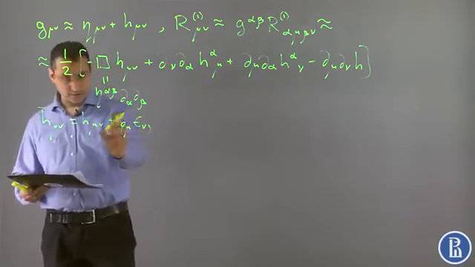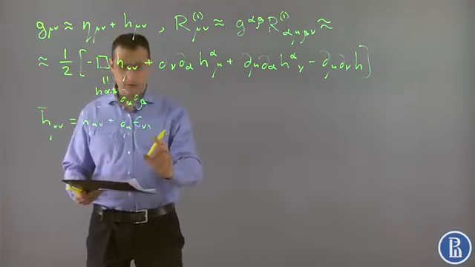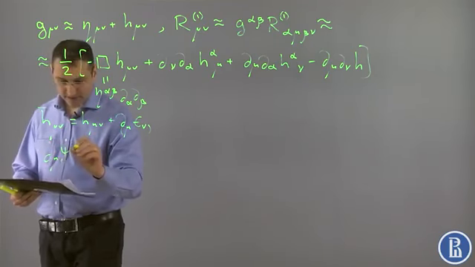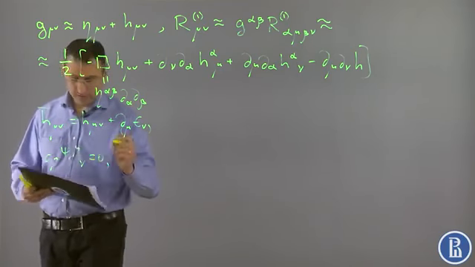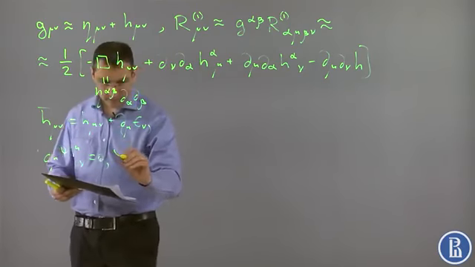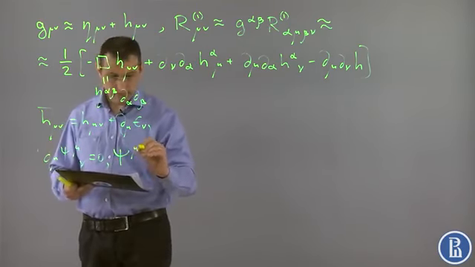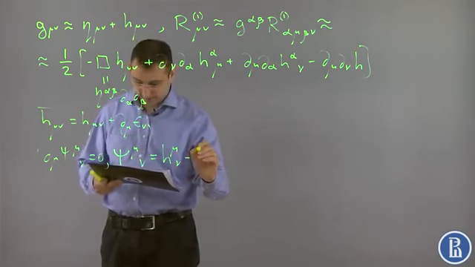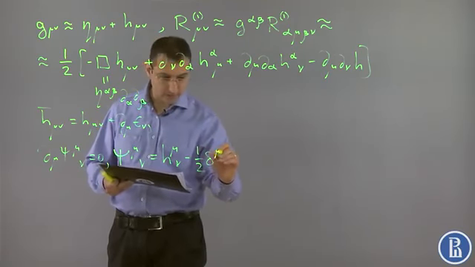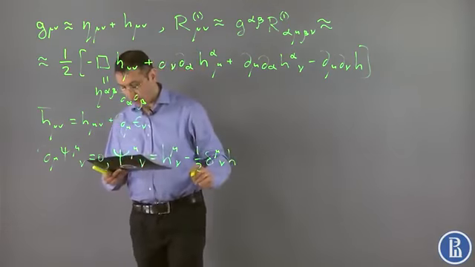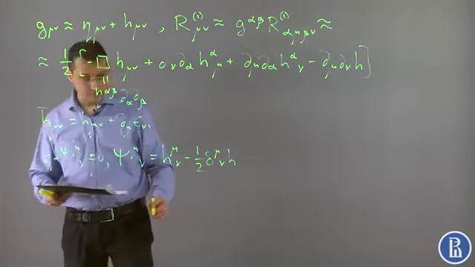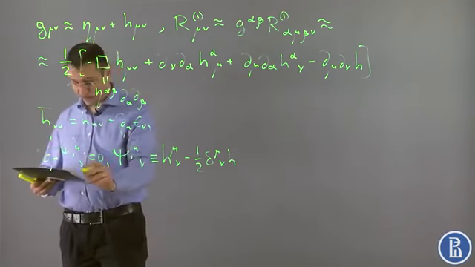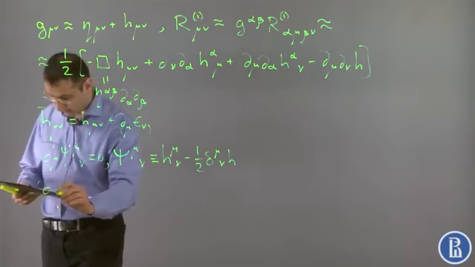One can adjust h_{μν}, or fix the gauge, as follows: ∂_μ ψ^μ_ν equals 0, where ψ^μ_ν is equal to h^μ_ν minus 1/2 δ^μ_ν h. This is by definition. In fact, under such a transformation, this quantity transforms like this: ∂_μ.